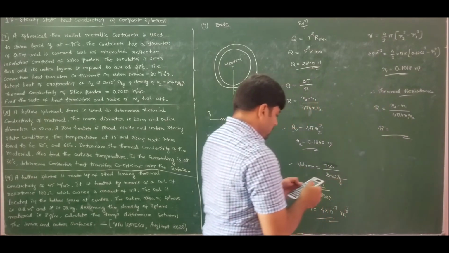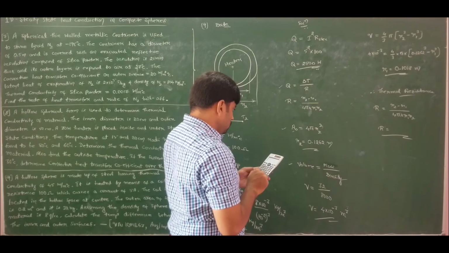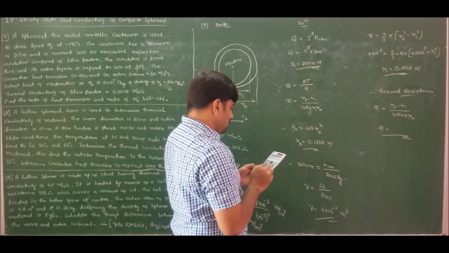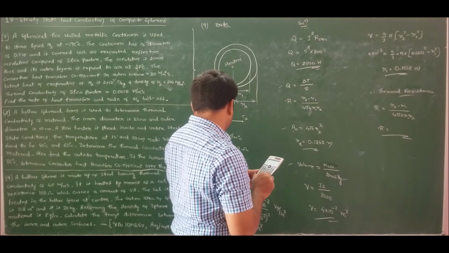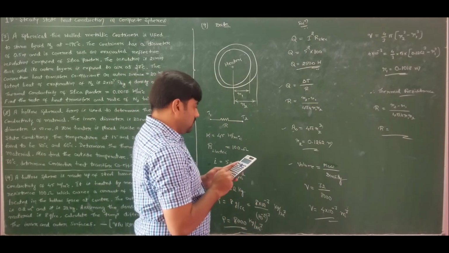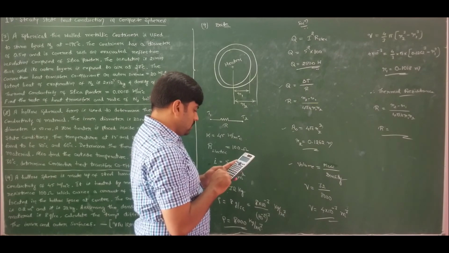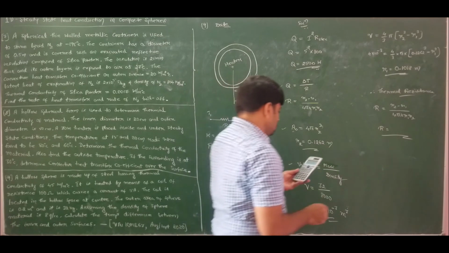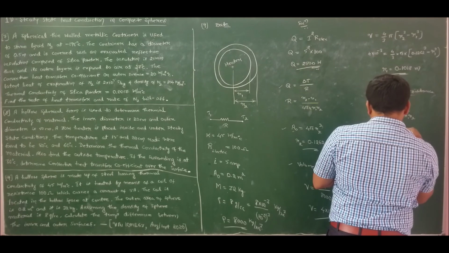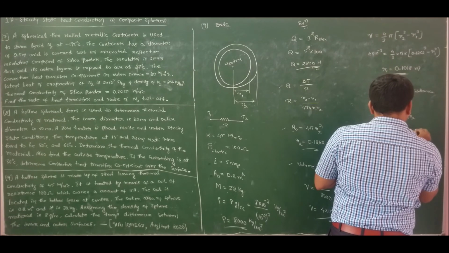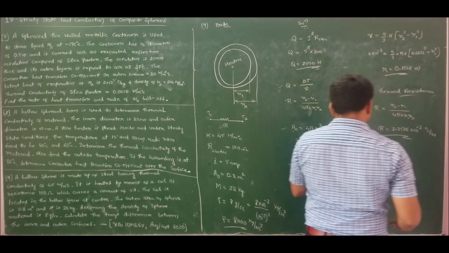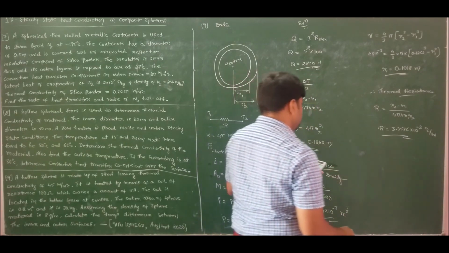So thermal resistance will be R2, 0.1262, minus R1, 0.1018, divided by 4 into pi into thermal conductivity k, which is 45 given for us, into R1 R2, that is 0.1018 into 0.1262, which is nothing but 3.3586 into 10 to the power of minus 3 degrees Celsius per watt.